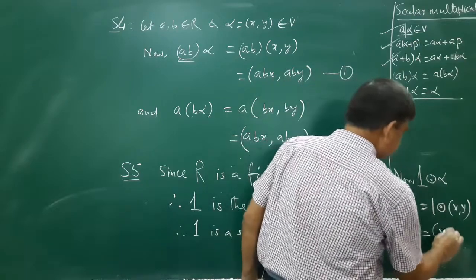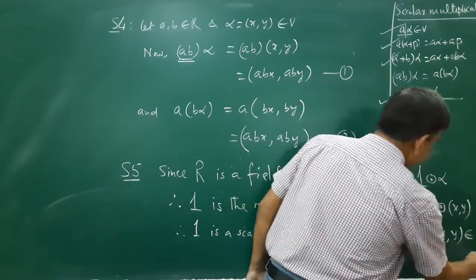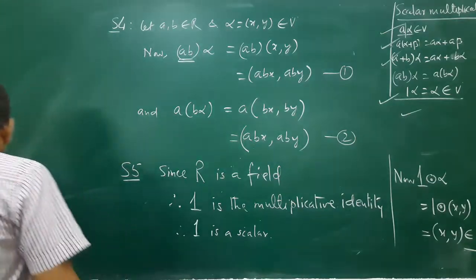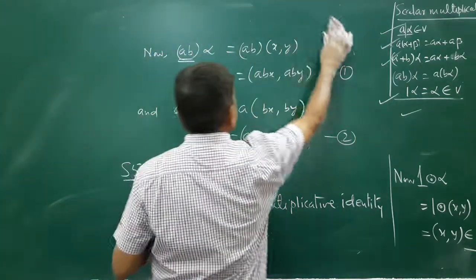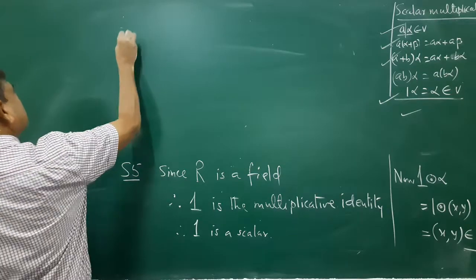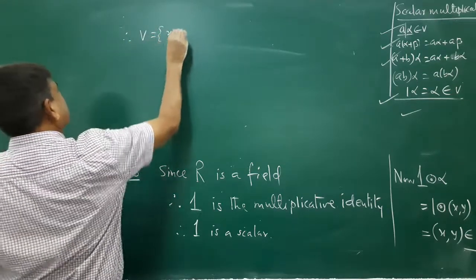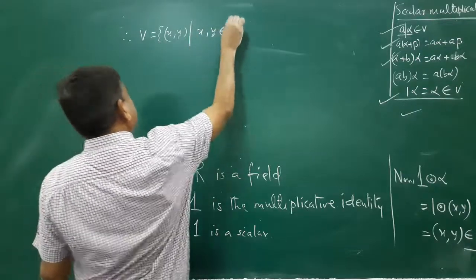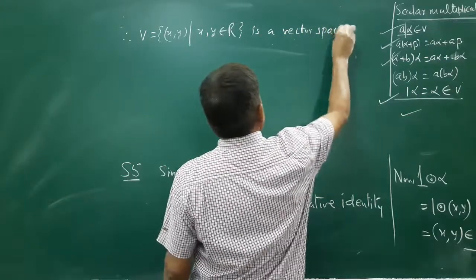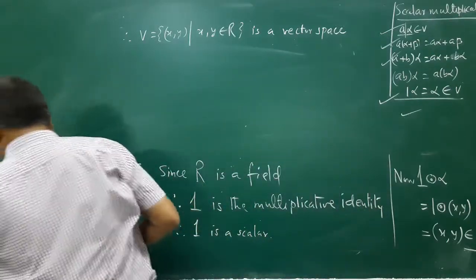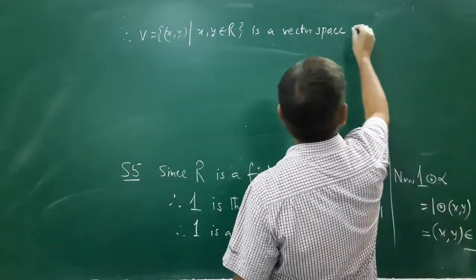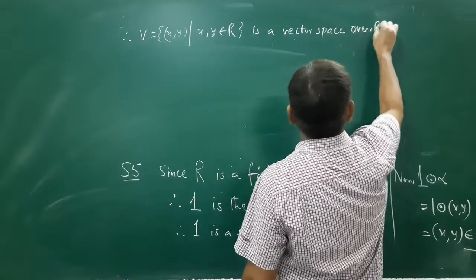Use the definition, and this belongs to V. Therefore, all the 10 properties are satisfied. Therefore, V is a vector space over R.